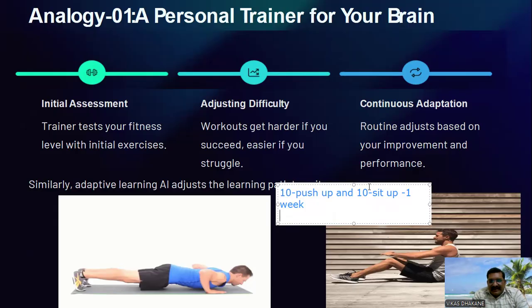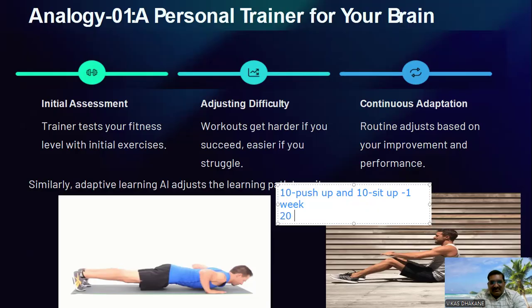So at the end of the week, he will assess and observe your exercises for the whole week, and if you are able to complete all the exercises without any complaint, without any pain, and if the same thing is observed by the instructor, then for the second week, what will happen?